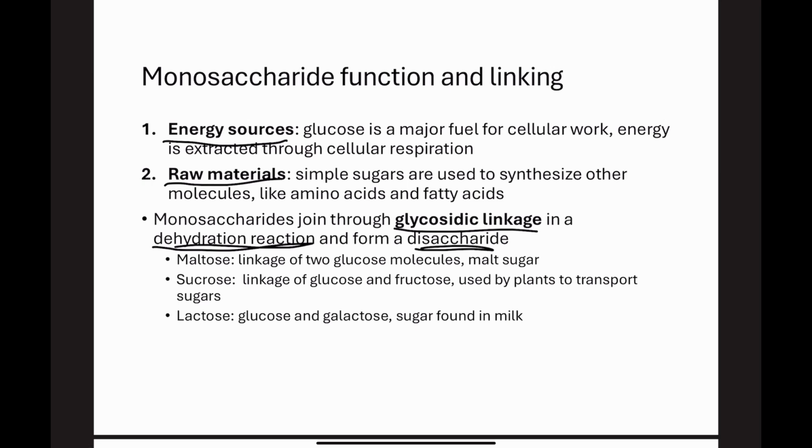Examples of disaccharides include maltose, which is 2 glucose molecules coming together; sucrose, which is glucose and fructose coming together, and sucrose is so important because it's used by plants to transport sugars; and lactose, which is glucose and galactose joined together, the sugar that we find in our milk.